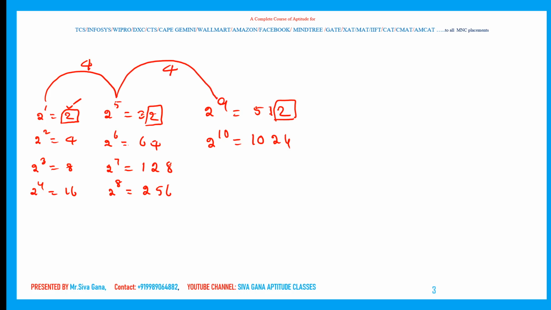So therefore here for the digit 2 the unit digit is repeated after every 4 powers. After how many powers the unit digit is repeated is called cyclicity.